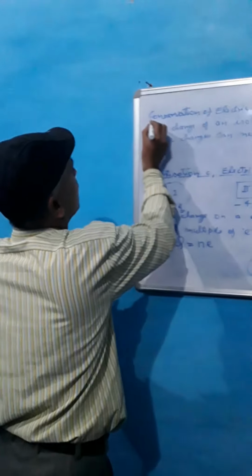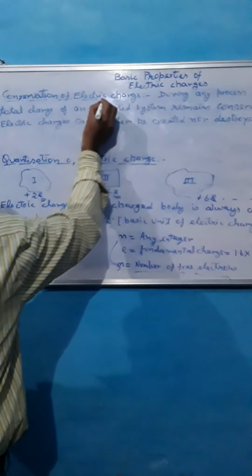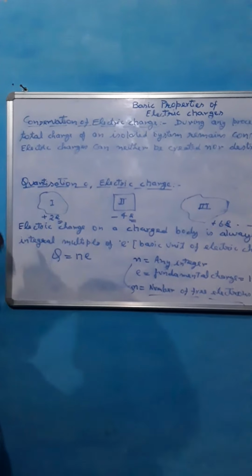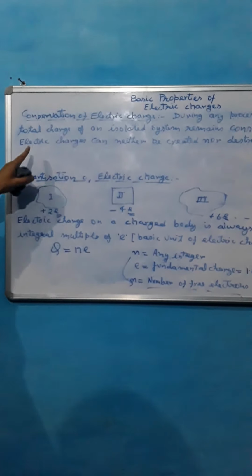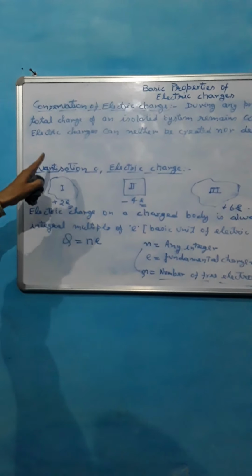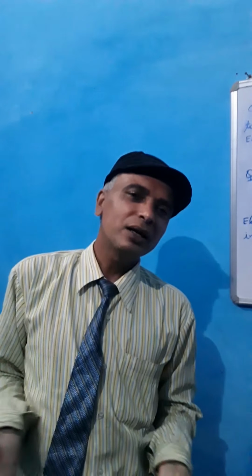So what I explained now is conservation of electric charge. It clearly states that during any process, the total charge of an isolated system remains conserved or constant. In other words, I can say that electric charges can neither be created nor be destroyed.